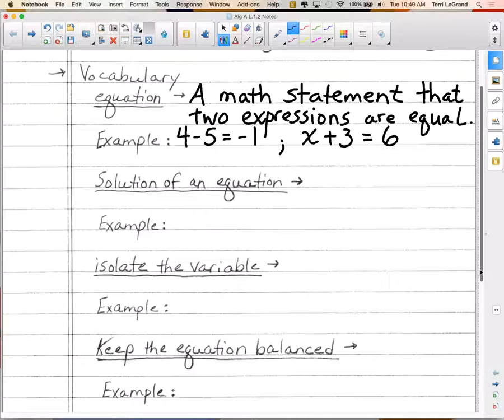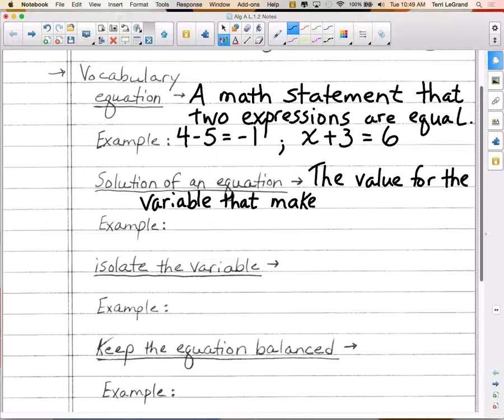Yeah, the value for the variable that makes the equation true.